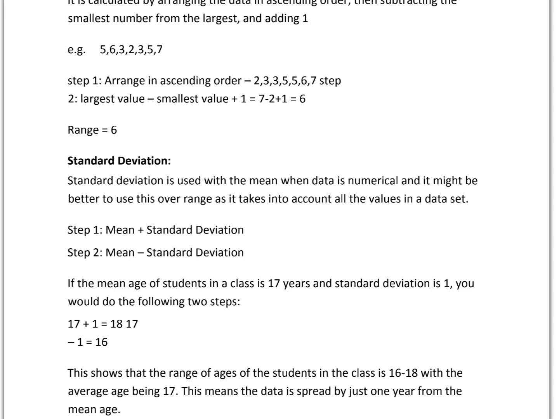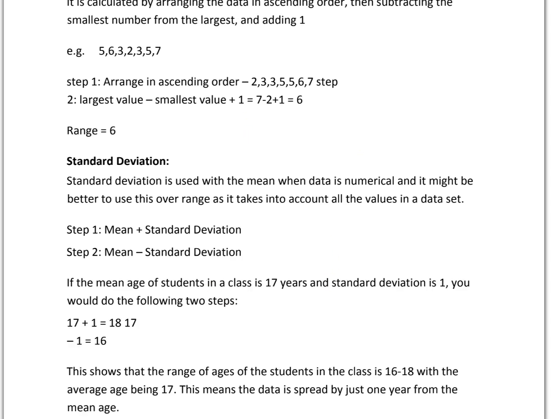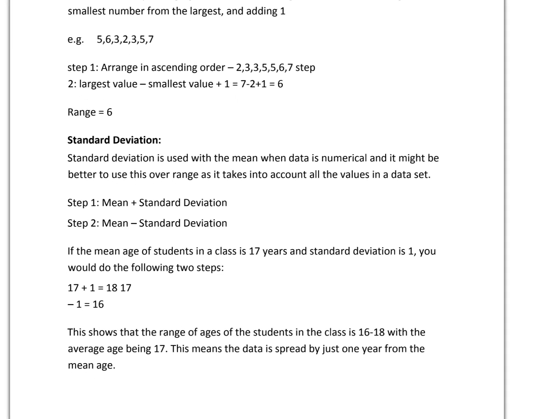So this is simply telling us that in our data set, the students of our classroom have an average age of 17 years. Okay, so let's say we have a class of 20 students and their average age is 17 years.